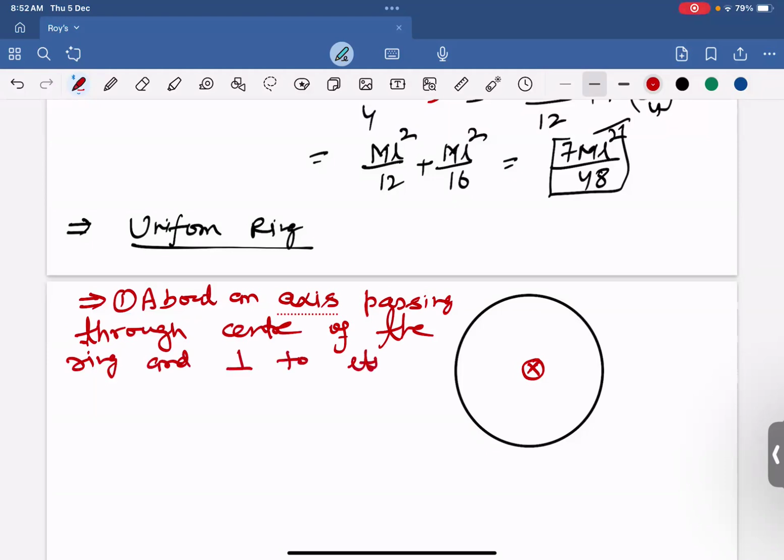That means that if the ring is drawn in the xy plane, then the axis is the z axis.